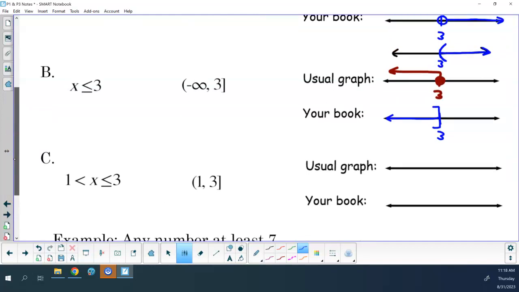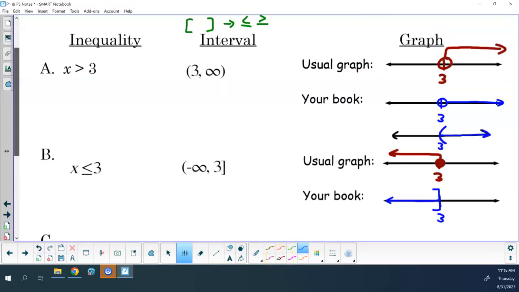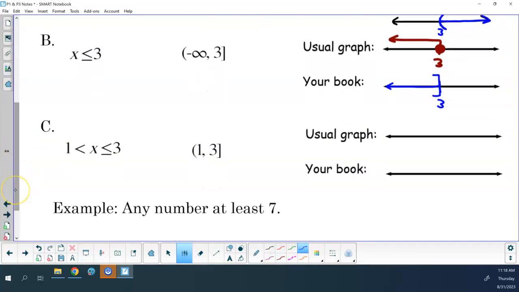Compound inequalities have two of them, I should say. So, compound inequality.